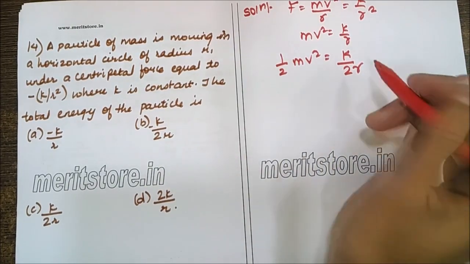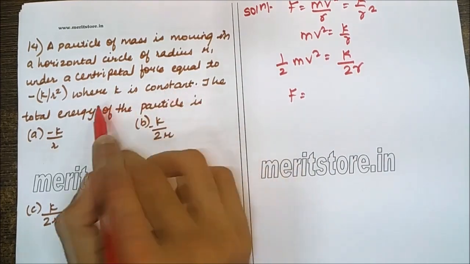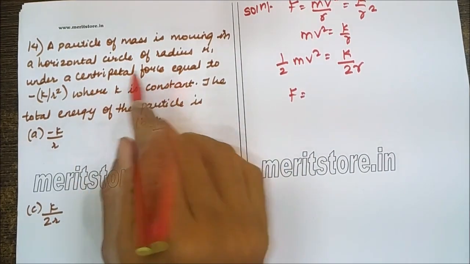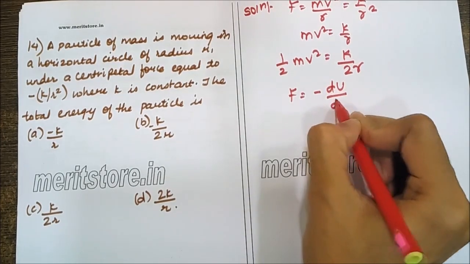Now, for the total energy of the particle, the centripetal force is equal to the minus change in the potential upon the distance.